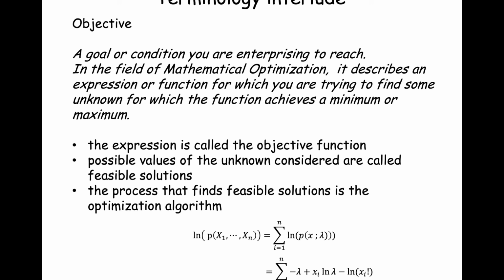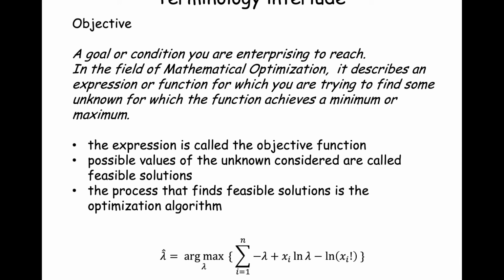And so here we have our sum of the log marginal likelihood for the Poisson, and it's the sum, i goes from 1 to n, of minus lambda plus xi ln lambda minus ln of xi factorial. And that's going to be our objective.